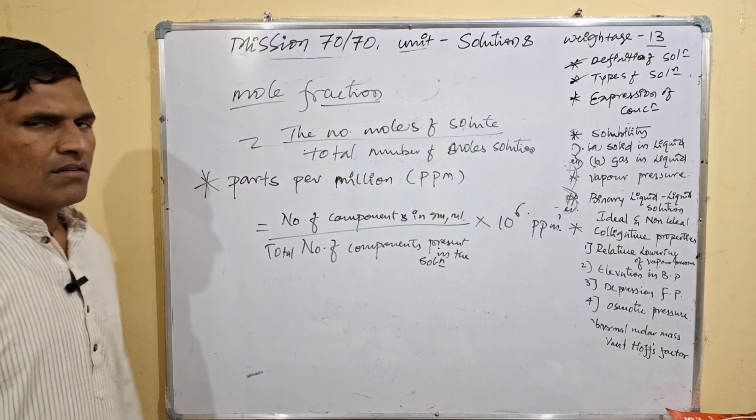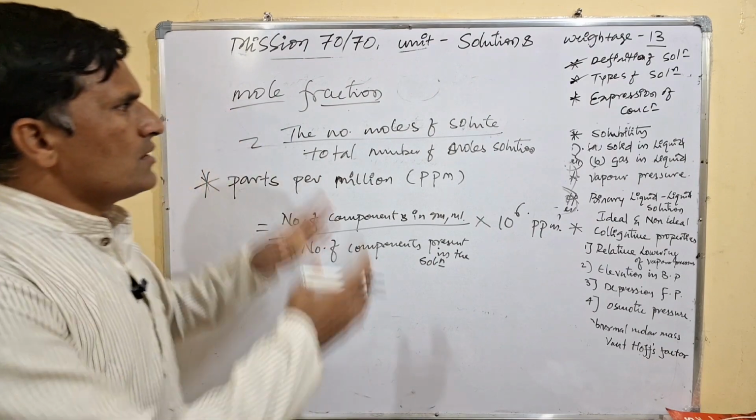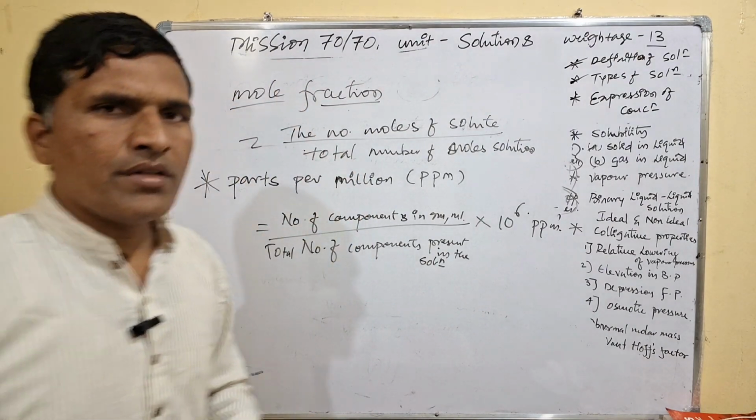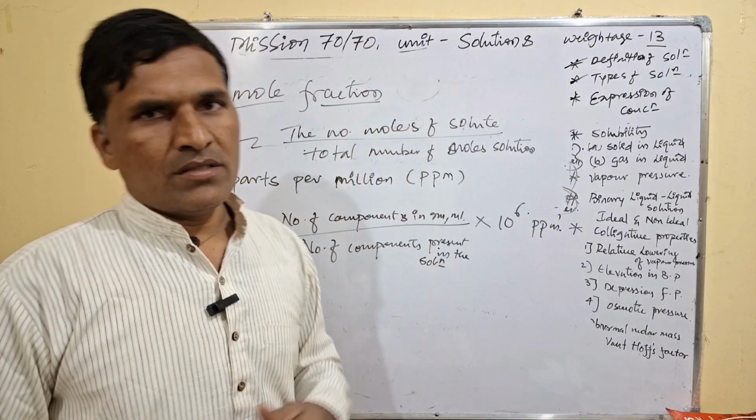Okay, so that is how we are going to define parts per million. Okay, so these are the important units in which we are going to express concentration of the solutions.